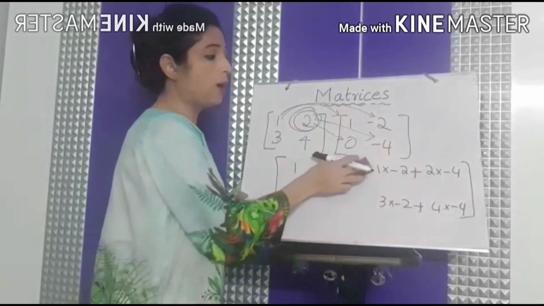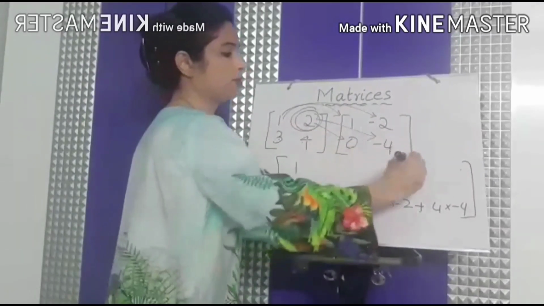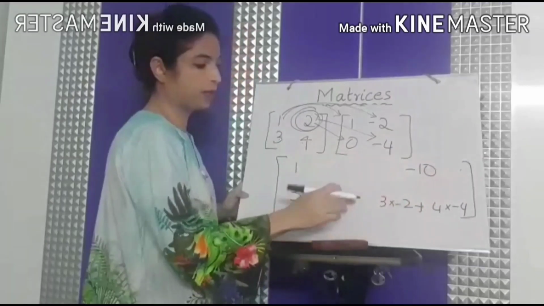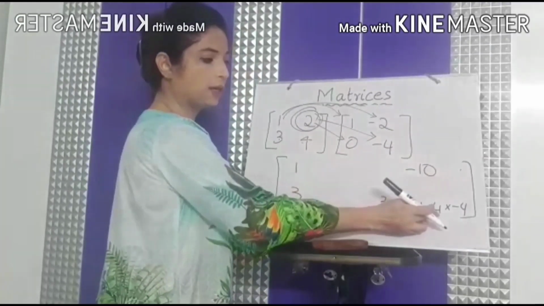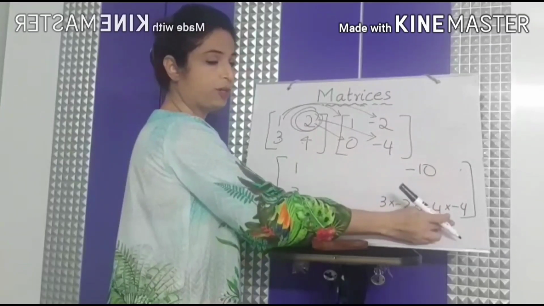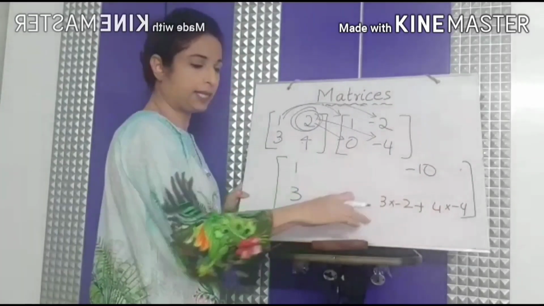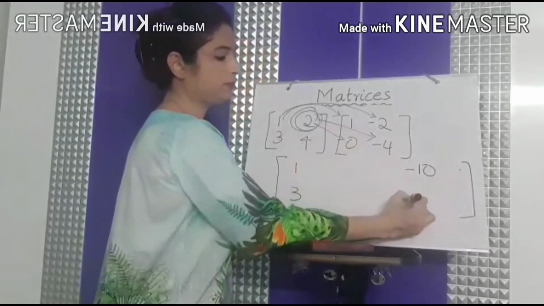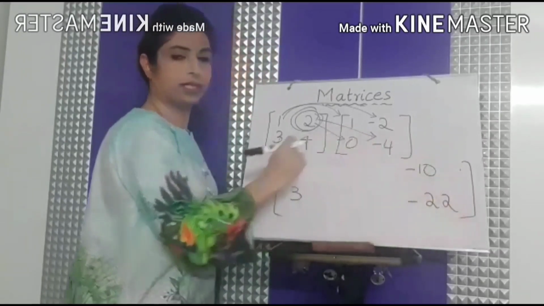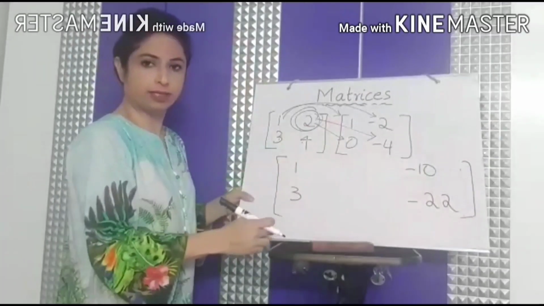So minus 2 minus 8 becomes minus 10. 3 times minus 2 is minus 6 plus minus 4 times 4, 16. So minus 6 minus 16 becomes minus 22. And this is my resultant matrix.